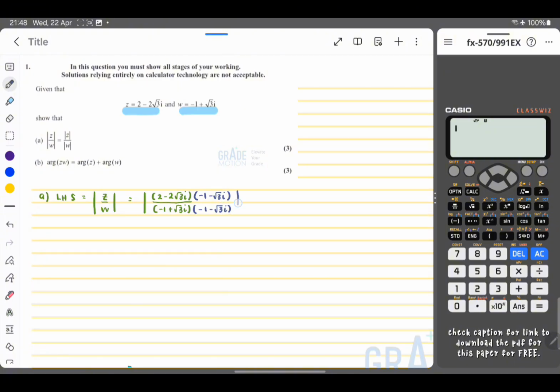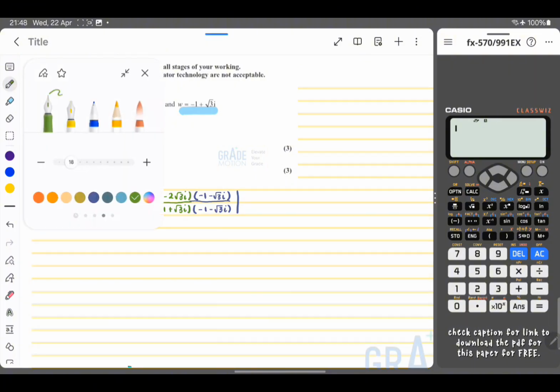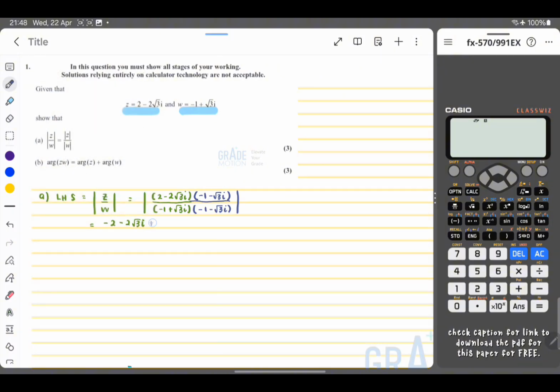Now what we're going to do is expand both our denominator and numerator. Let's begin with our numerator. We will get negative 2 minus 2 root 3i, and then plus 2 root 3i plus 2 multiplied by 3 multiplied by i squared.